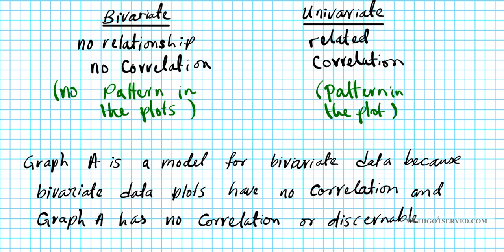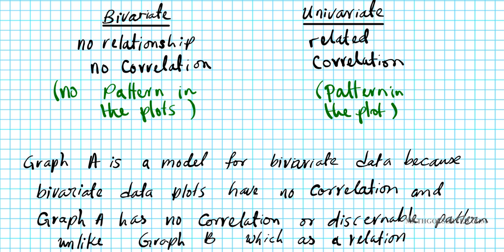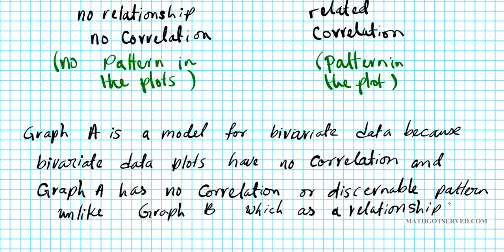Discernible pattern, unlike graph B, which has a relationship, or you can see relationship or pattern, okay?